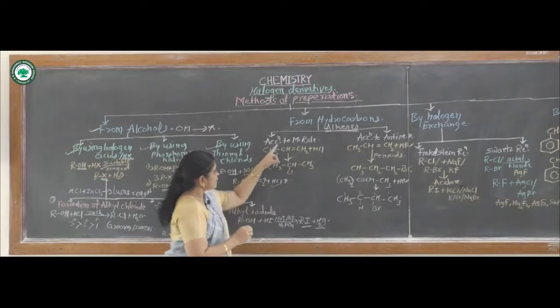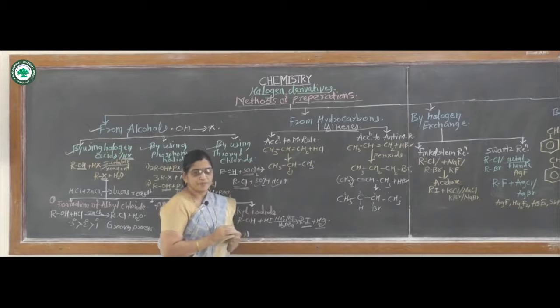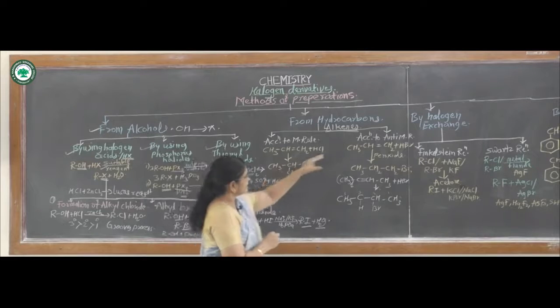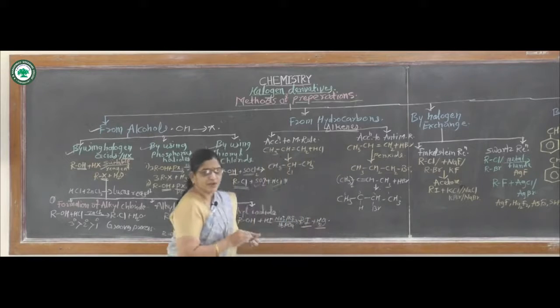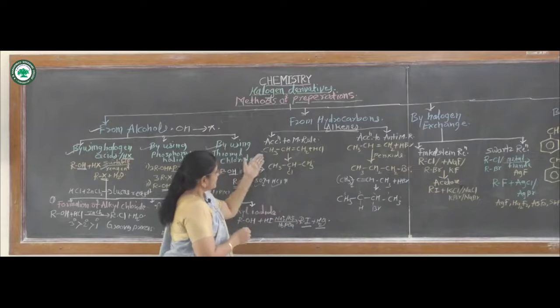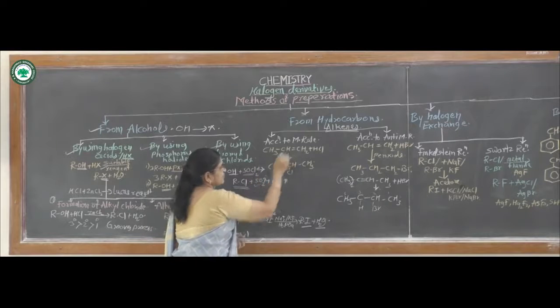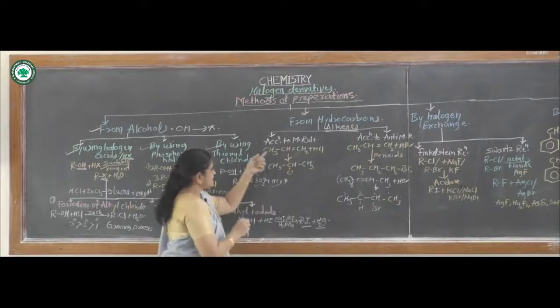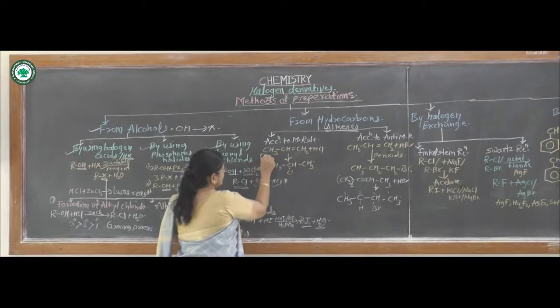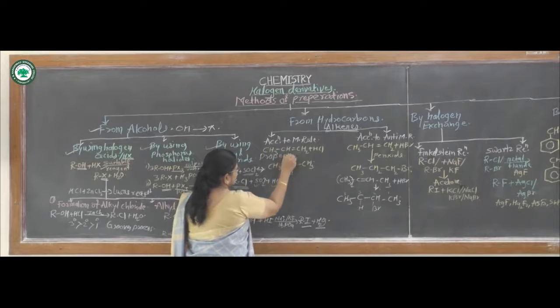First, according to Markovnikov's rule. And second, according to anti-Markovnikov's rule. One example of the reaction of Markovnikov's rule is CH3 CH double bond CH2. The name of this alkene is propene.